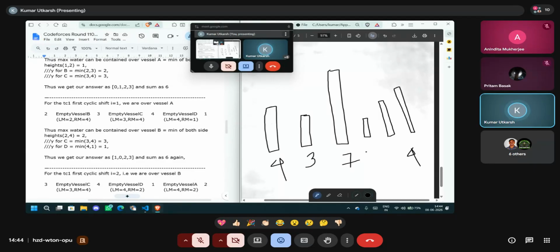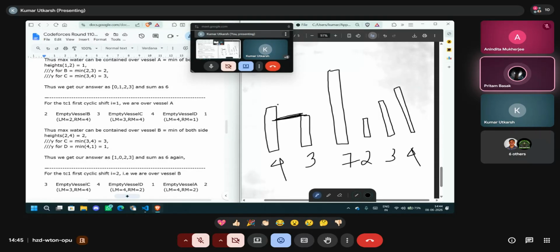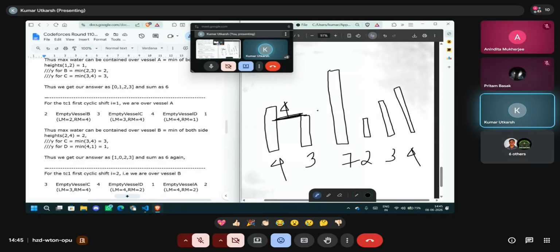This is 3. This is 2. And again it's 3. So just tell me, Pritam, what will be the maximum height between these two towers? It will be 4. Yeah, right. Now I think you remember what you did in the question. And what will be the height between these two towers, Alisha? It would be 4 again. Yeah, right. And again, for all of them, it will be the height 4.